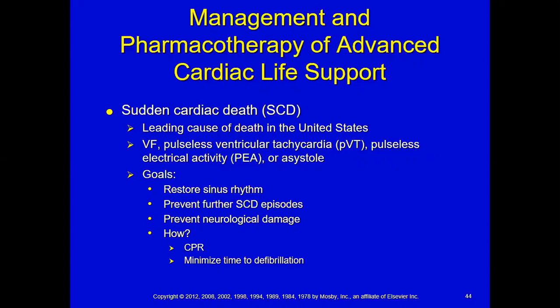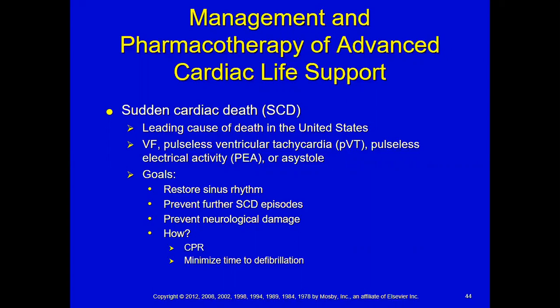So if we get that sudden cardiac death, what is our goal? Our goal is to get them to sinus. First, our goal, if they're in PEA or asystole, is get them into a sinus rhythm. But if I'm in VTAC, VFib, I want to get them to a sinus rhythm. I want to then prevent any further sudden cardiac death.